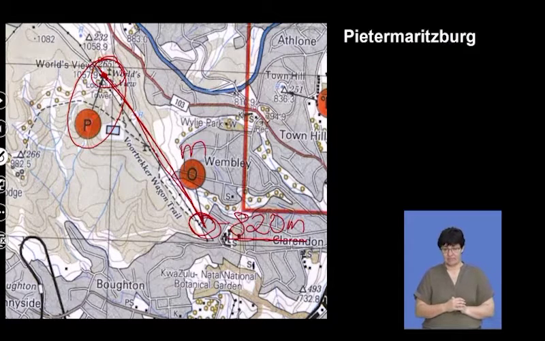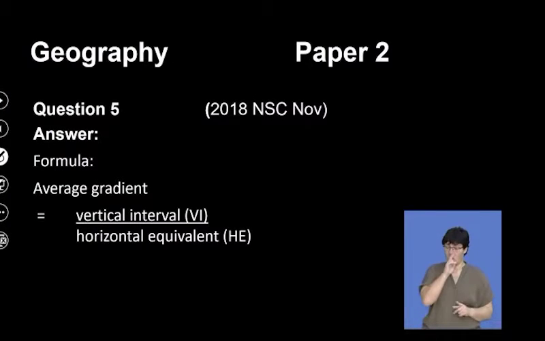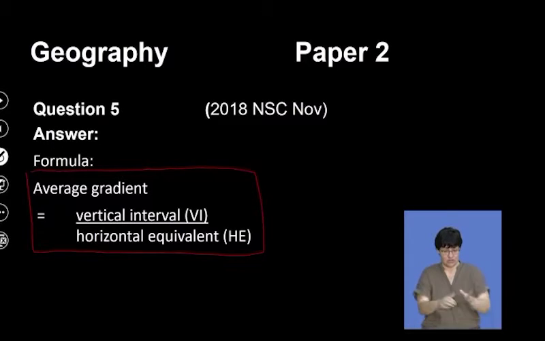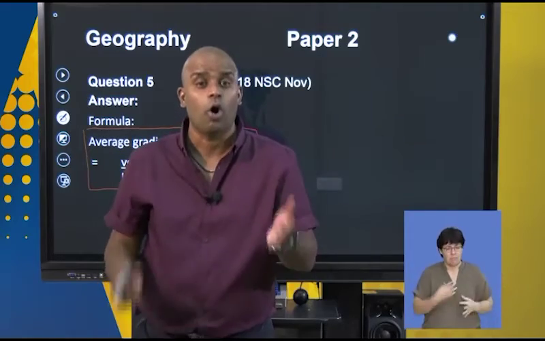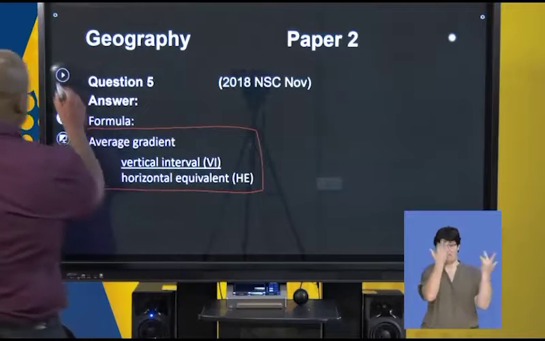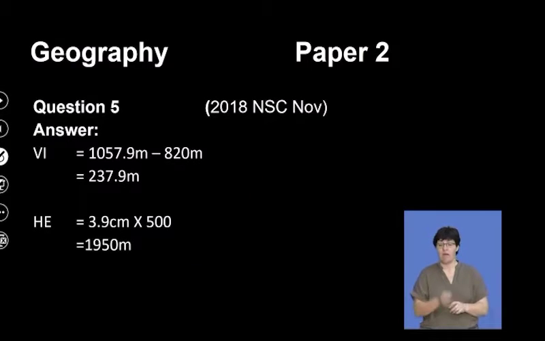Looking at the calculation, it's as follows. Note, the formulas in geography are given, so you don't have to spend time memorizing the formula. This will be given to you. All you have to do is be able to apply the formula. So, your answer, we first calculate the vertical interval. And note the following.